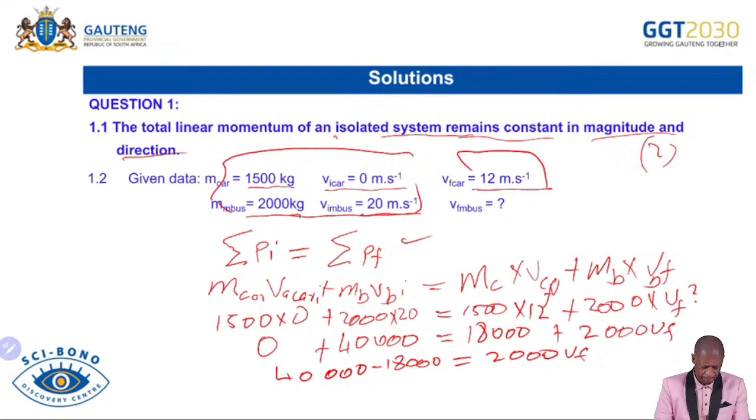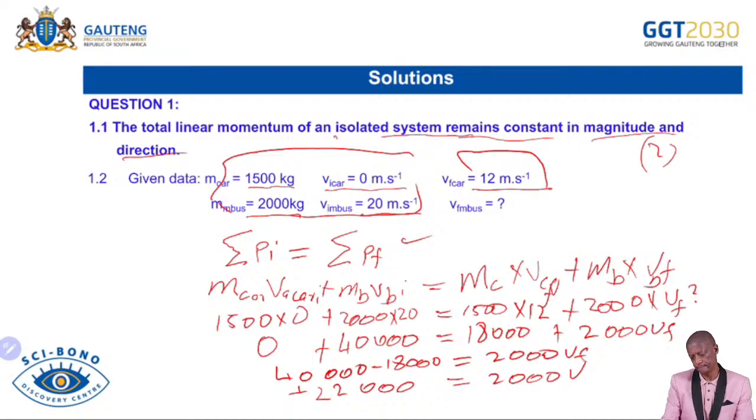All right. Then we can start doing our mathematics here. We say 40,000 minus 18,000. Then it gives us positive 22,000 equals to 2,000 VF.